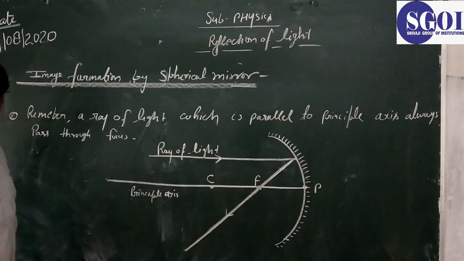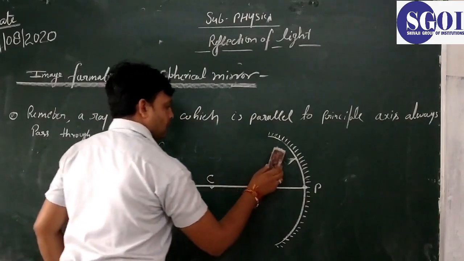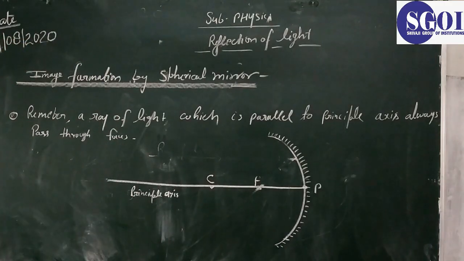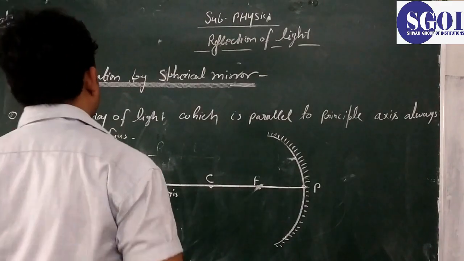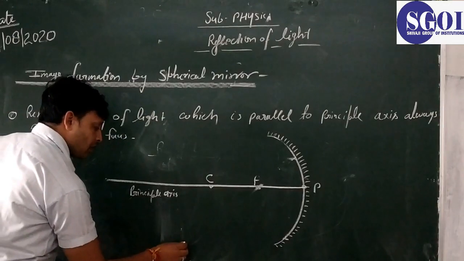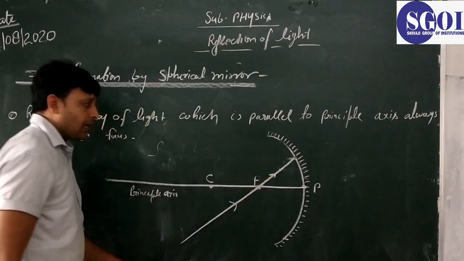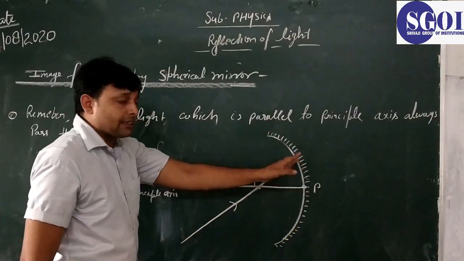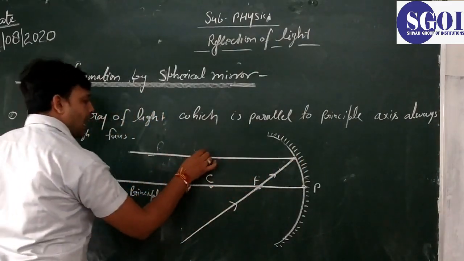Now I will explain a diagram. The second topic: if a light ray passes through the focus and is incident on the inner surface of the concave mirror, after incidence it will be parallel to the principal axis.